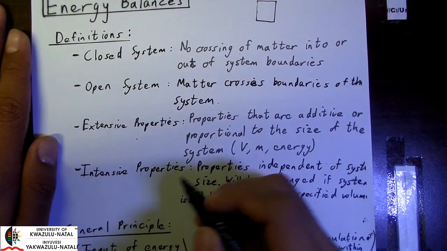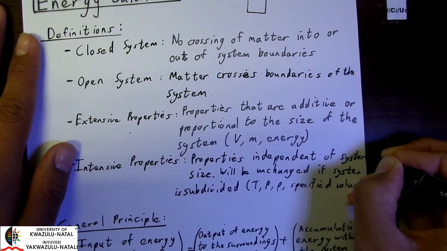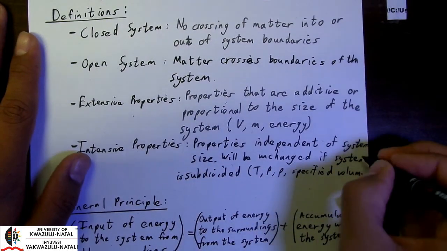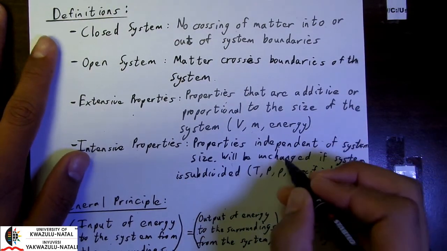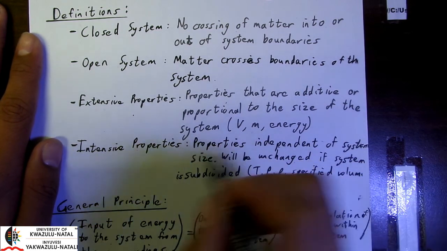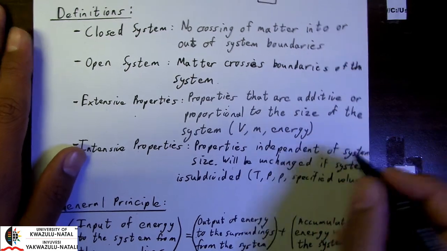Intensive properties, on the other hand, are independent of system size. So they will be unchanged whether the system is changed by a factor of 2, whether it is doubled in size or whether it is subdivided. These properties will remain the same.